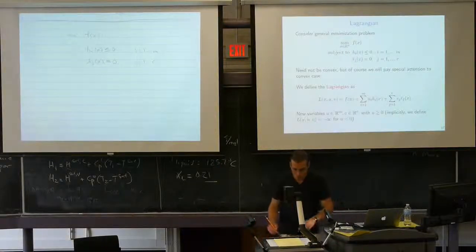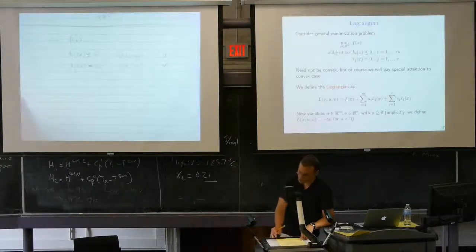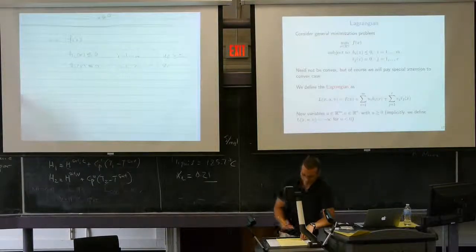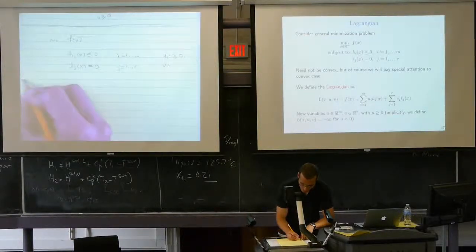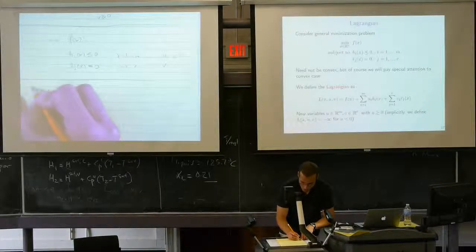And we're going to form this thing called the Lagrangian. It's just going to involve introducing a bunch of variables, where I put u's here and I put v's here. So u_i's and v_j's, and my u_i's need to be bigger than or equal to 0. The Lagrangian now is a function of three variables: L is a function of x, u, and v.